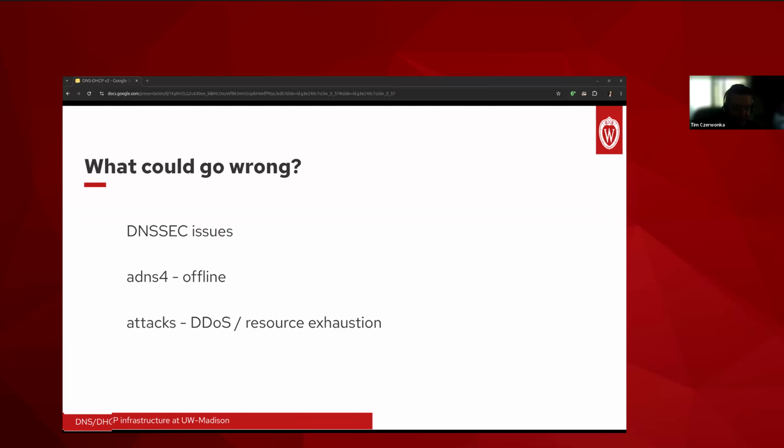DNSSEC is not encryption, but rather DNSSEC is a signature on the record that you ask for, produced by the server to indicate that what you asked for is actually the record that was intended by the authoritative server, to prevent any man-in-the-middle modification of these records. On the other hand, it also provides proof of non-existence. If you ask for a record that does not exist, it will prove that that record does not exist.